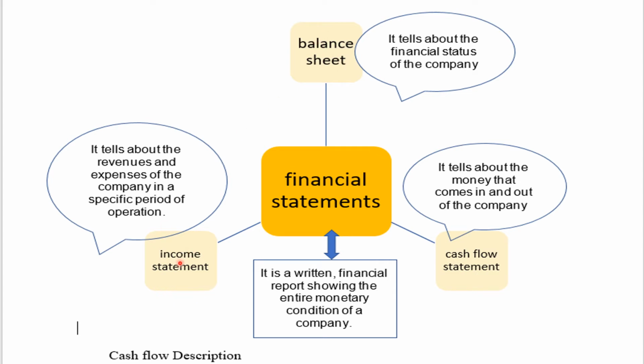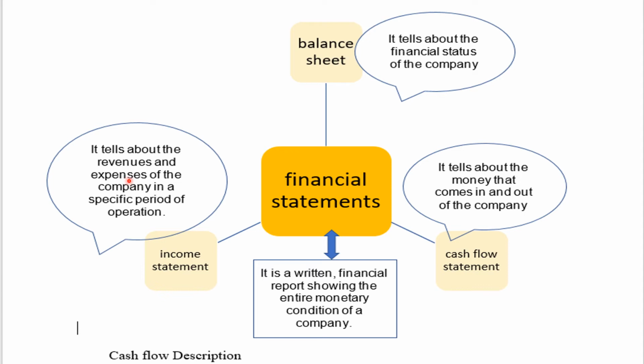And the next one is the income statement. Income statement tells about the revenues and expenses of the company in a specific period of operation. Take note, class, income statement gina-prepare ni siya in a daily basis or monthly basis or weekly. Kay income statement shows the revenues, ang nagasulod na kwarta, sales revenue, service income, din na makita sa income statement, and also the expenses.